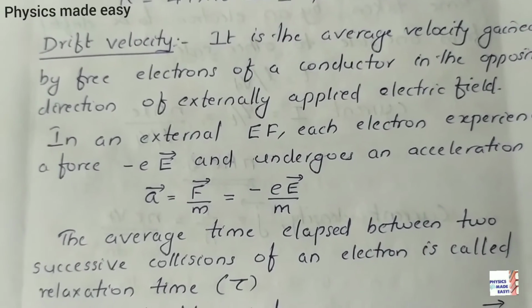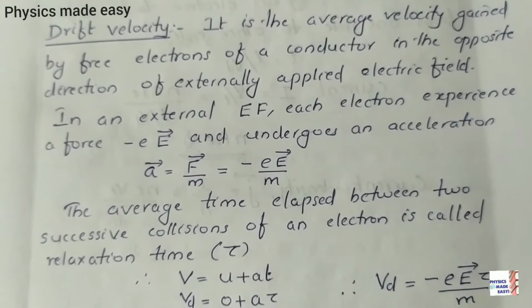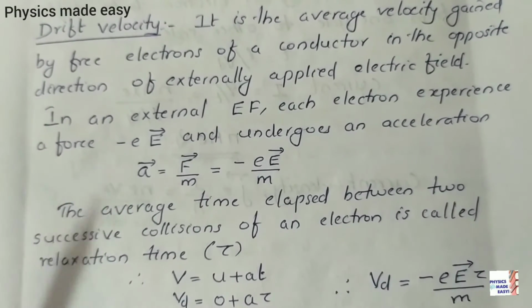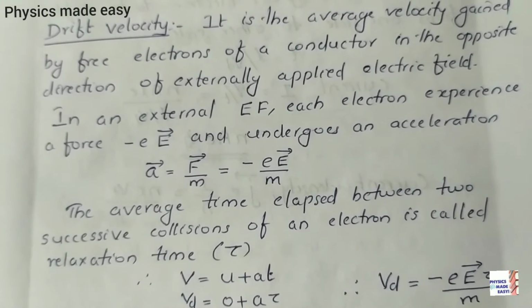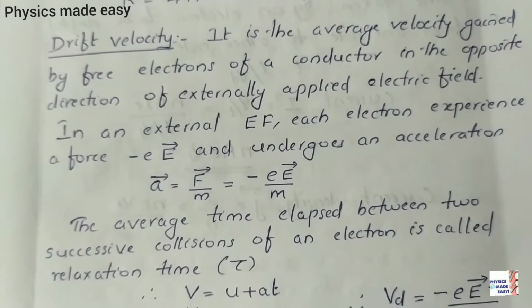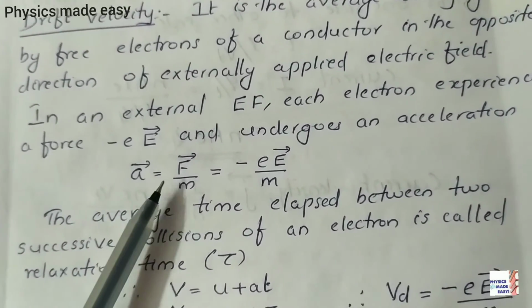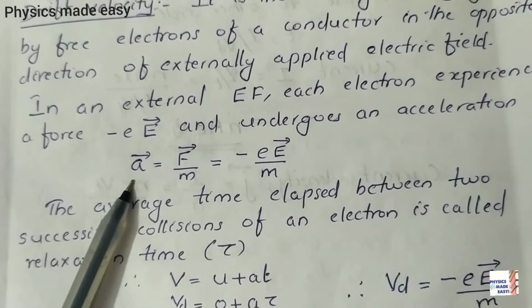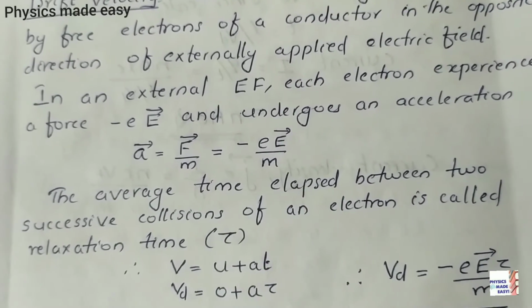But here the charge, since we are considering an electron, q is minus e. So here the force will be minus eE. Now we have the force, and for the electron mass m, so we can write acceleration from that, F by m. So acceleration a is equal to minus eE divided by m.